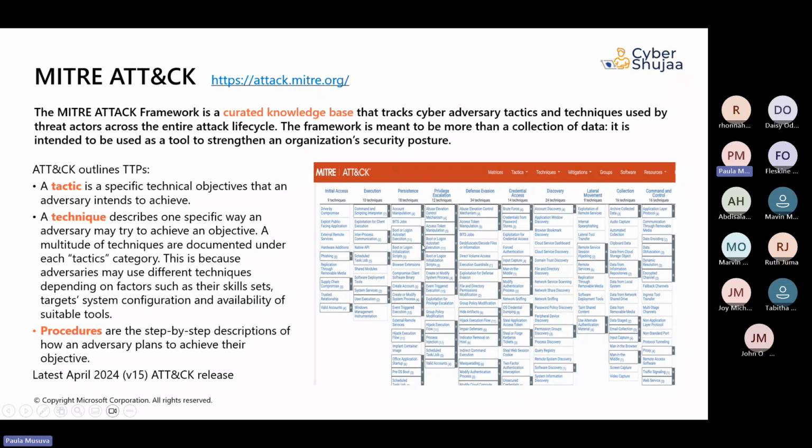So tactics are the high level, then each of them will have a specific technique, and I'm just trying to see whether I could demonstrate the techniques. So currently right now, the tactic is on cloud infrastructure discovery. It's under discovery, the technique, and specifically for cloud.